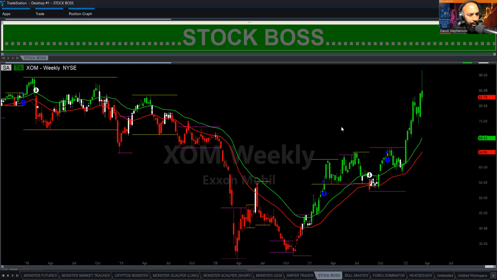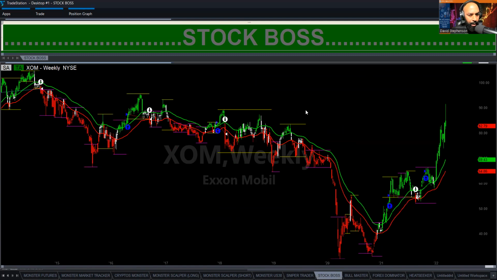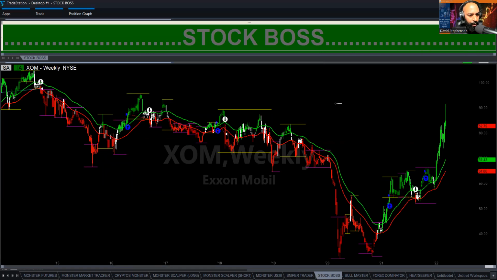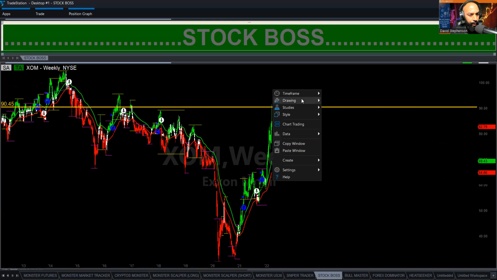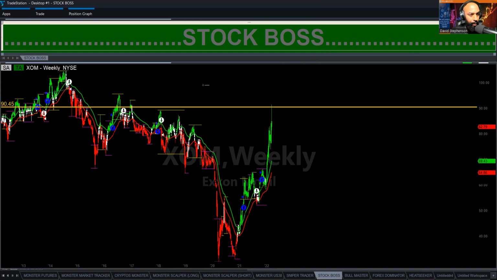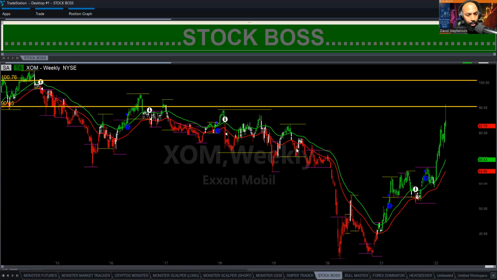Let's see the weekly. Yep, you've got resistance right here on the weekly, right here. And understand, it's gone up a lot already. This is what it's supposed to do, right? It's gone up a lot already.